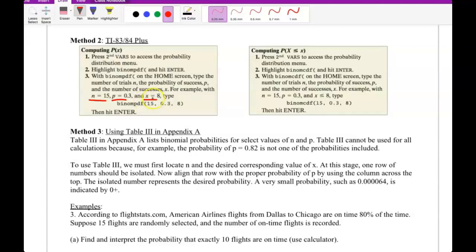When you have x equal to, you need to use binomial PDF. I don't have less than or equal to here, I have equal to. But in this other part, we have x less than or equal to 8. That's why we use binomial CDF.